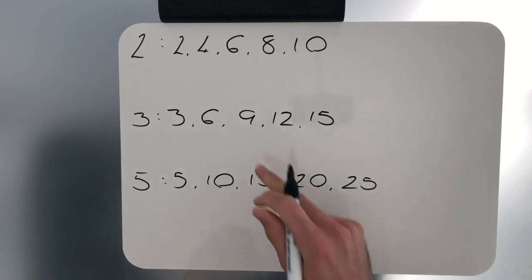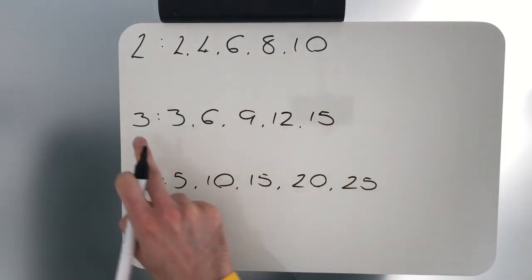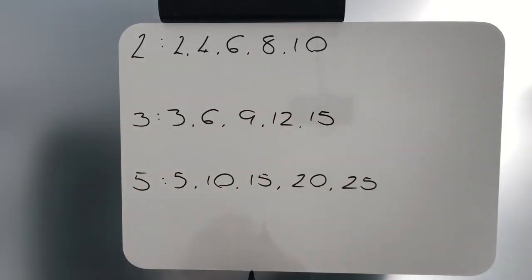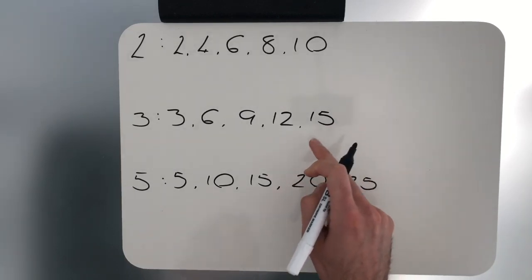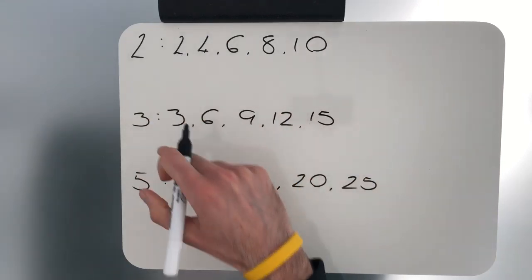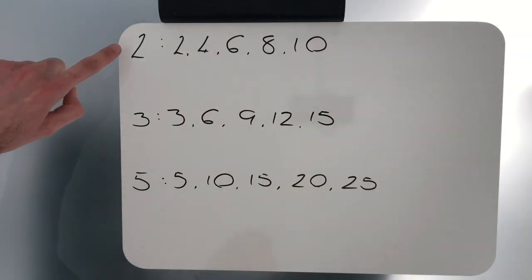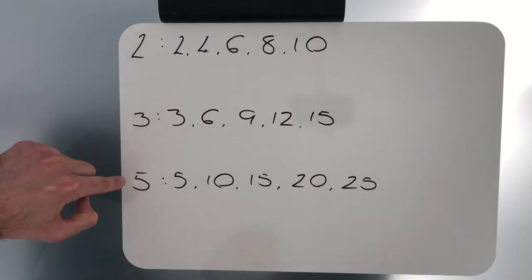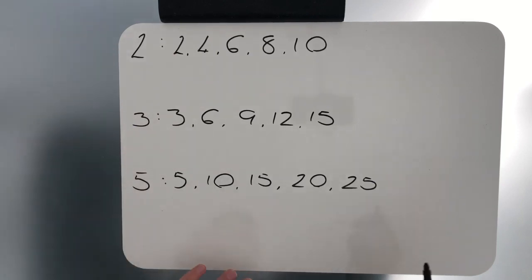Now checking here, you'll see we have a common multiple of 6 between the numbers 2 and 3. We have a common multiple of 15 between the numbers 3 and 5. We also have a common multiple of 10 between the 2 and the 5, but remember we're looking for the LCM of both 2, 3 and 5. So we're going to have to continue on.